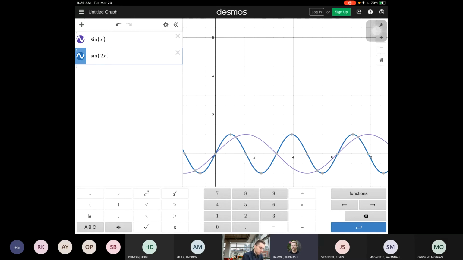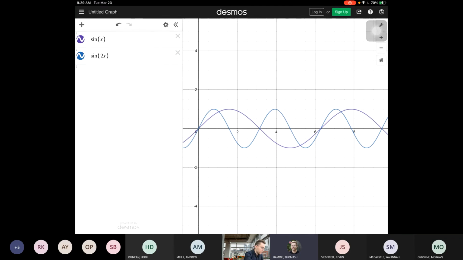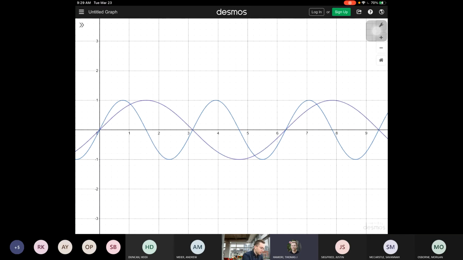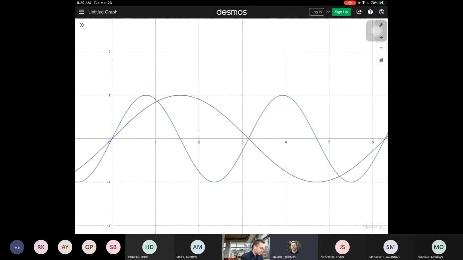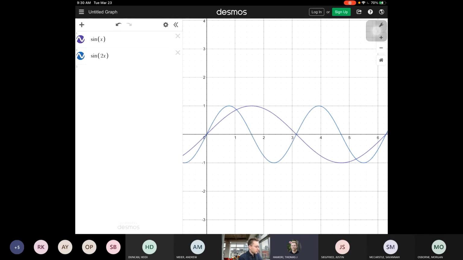Okay. All right, so here we've got the function sine of x in purple, and the function sine of 2x in blue. What we might remember from when we started the class is that when we multiply by a number on the inside, depending on whether the number is larger than 1 or less than 1, it's going to correspond to a horizontal stretch or a horizontal compression.